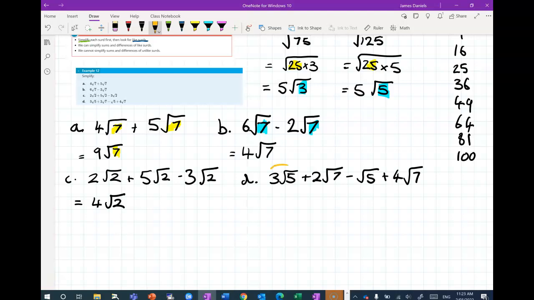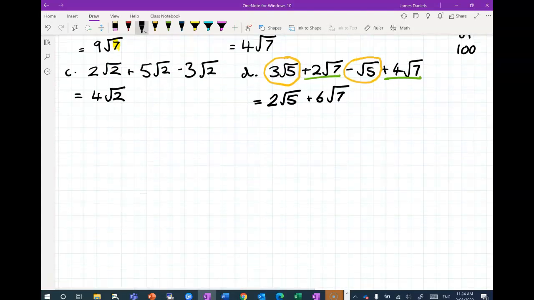So the ones that are alike here, and notice I'll take the operation with us because that's going to tell us what to do. 3 lots of root 5 minus 1 lot of root 5 is 2 lots of root 5. 2 lots of root 7 plus 4 lots of root 7 would be 6 lots of root 7. And I can't add these together because they are unlike surds. So we can only add and subtract the ones that are alike.